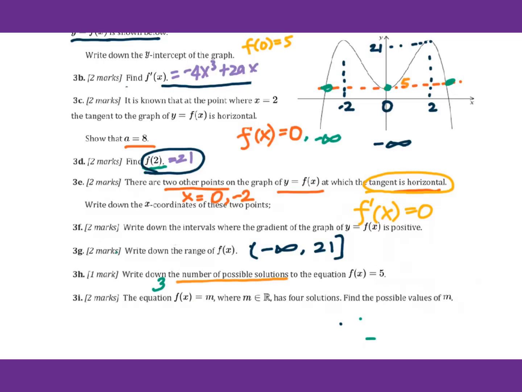For 3I, the equation f of x equals m, where m is a real number, has 4 solutions. Find the possible values of m. If I draw a line like this, you have 2 solutions. If you draw the line like this, you have 3 solutions. If you draw a line like this, you have 4 solutions.